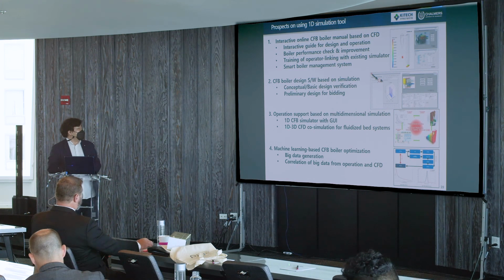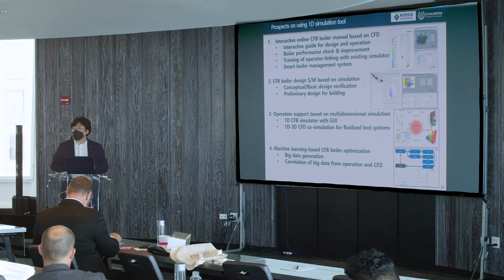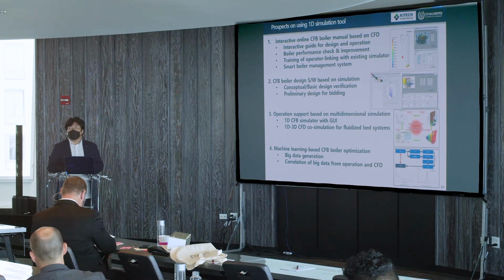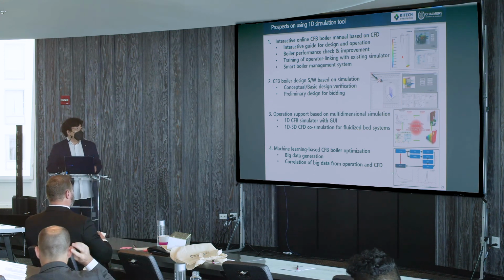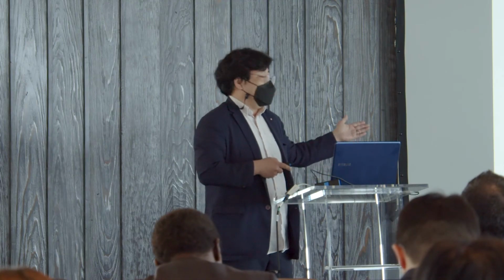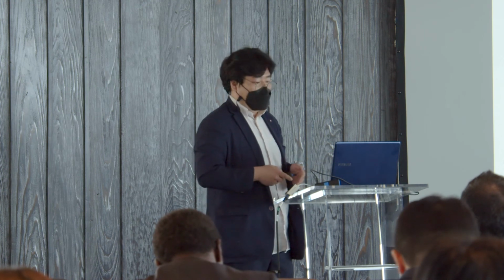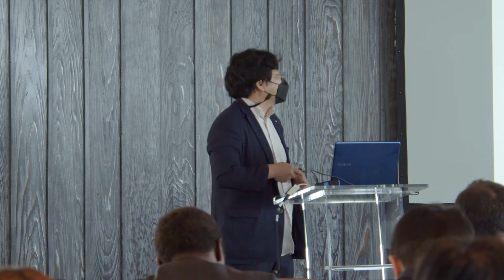As I said, the 1D, 3D co-simulation is very effective, and you can make big data and then use it for machine learning. So if you want to have some specific profile, then ask the machine learning program what kind of PSD do I need, and then it tells you the result.